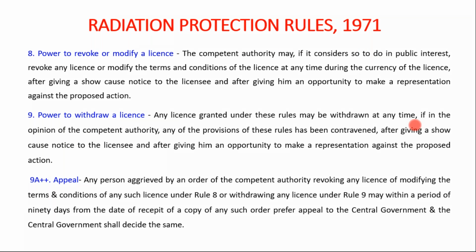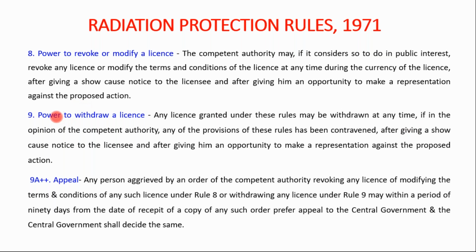So if the competent authority considers that in the public interest the license needs to be modified, if it is the need of that time to modify some of the conditions, then the competent authority can ask the agencies to modify the license and the conditions as well as the duration of the license.